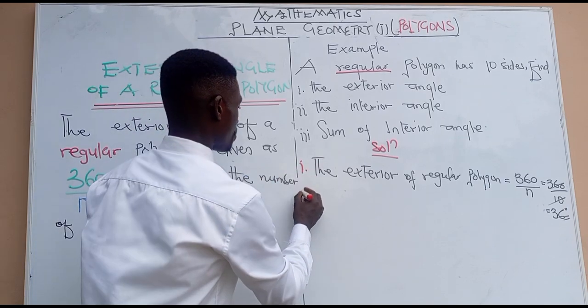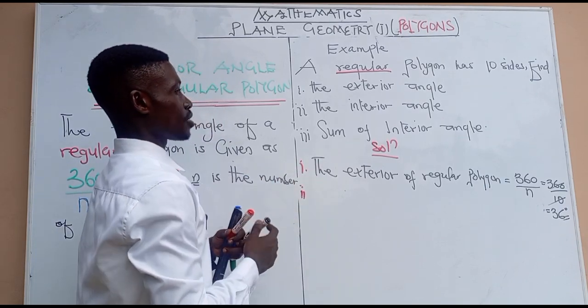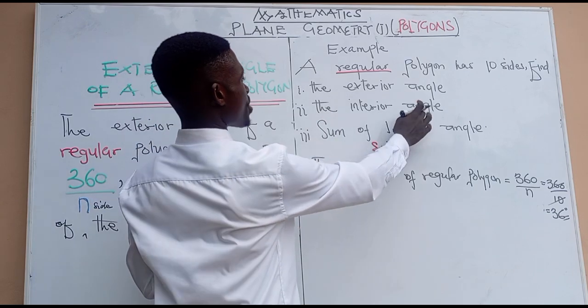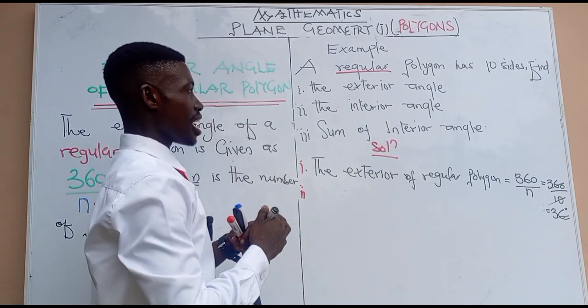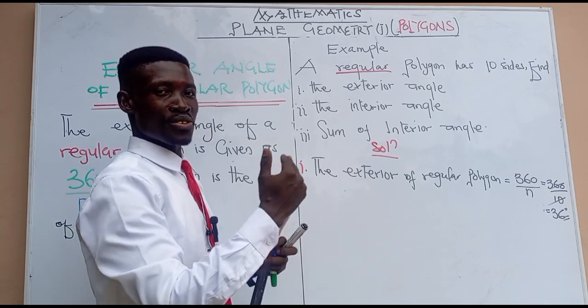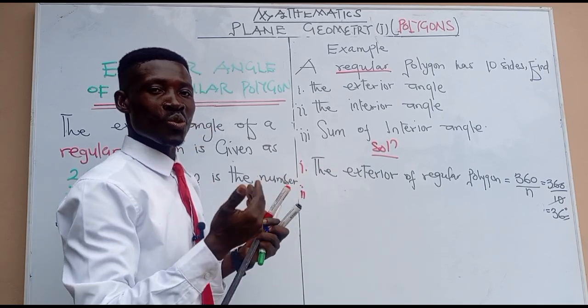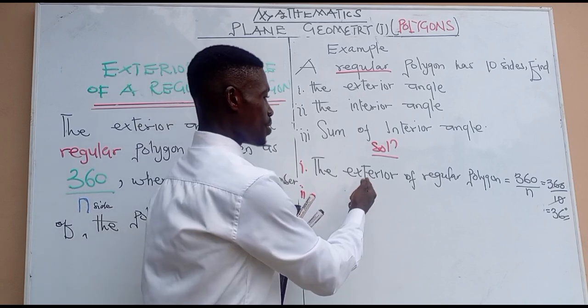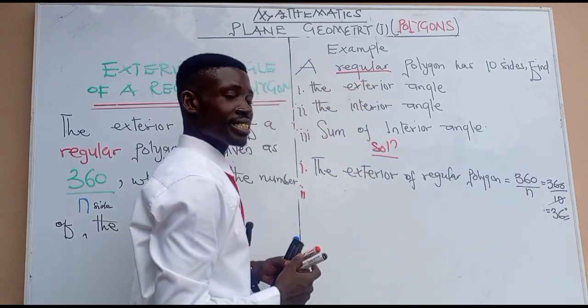Now the next sub-question, the interior angle. Now we know that interior angle plus exterior angle gives us what? 180 degrees. And we know the exterior angle to be what? 36.